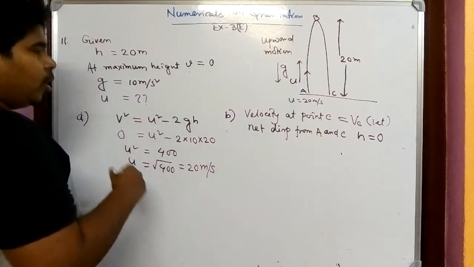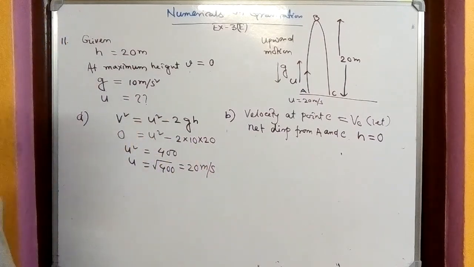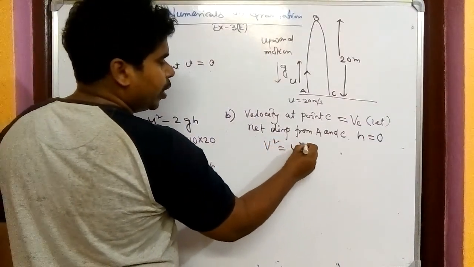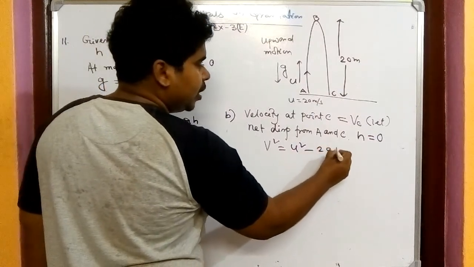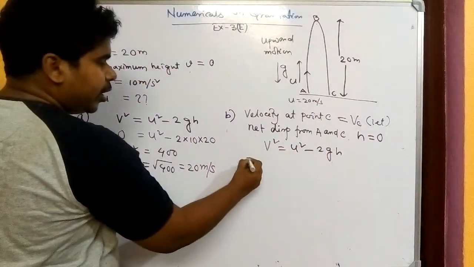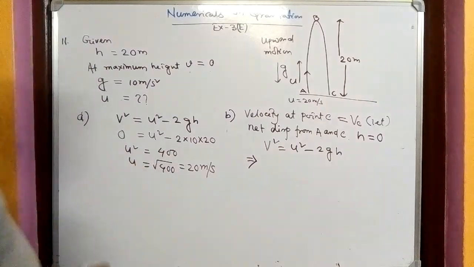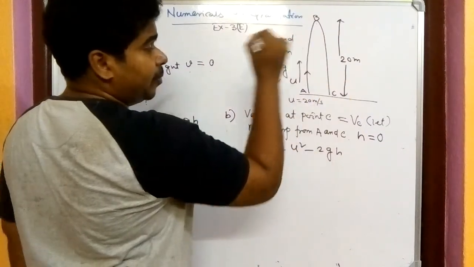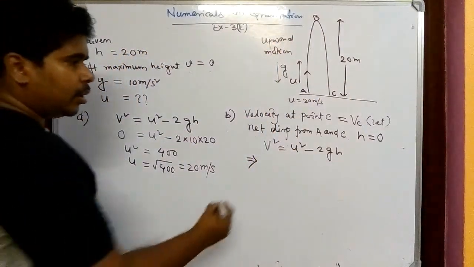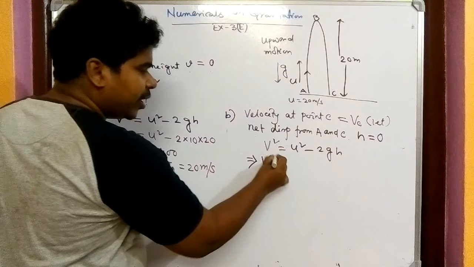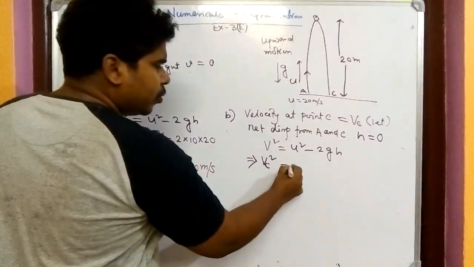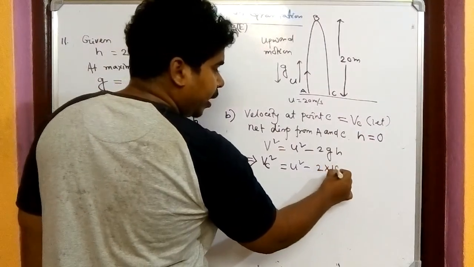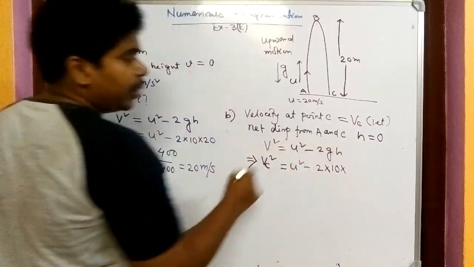Okay, and then we will again use the same equation. What should be the equation? That is V square equals U square minus 2GH. Initially we took our final velocity as 0. But here, when it reaches point C, it should definitely have a velocity. So Vc square equals U square minus 2 into 10 into H. What is the value of H here?